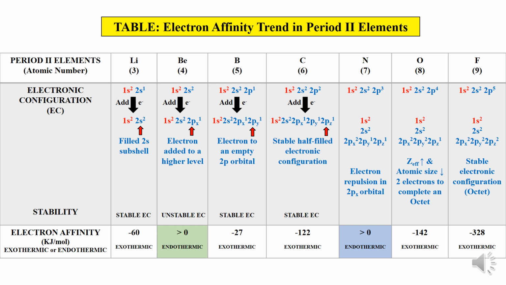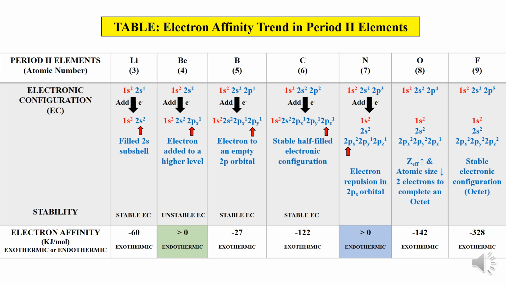What about nitrogen? Electronic configuration 1s2 2s2 2p3. After adding an electron, where does the added electron go? The added electron goes to the 2px orbital, which is already occupied by an electron. So this added electron leads to repulsion.